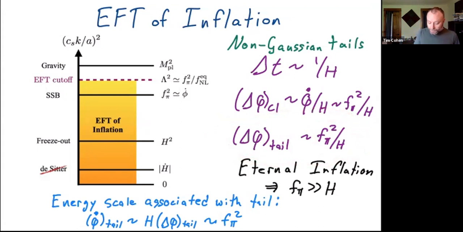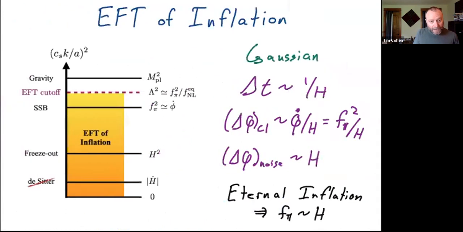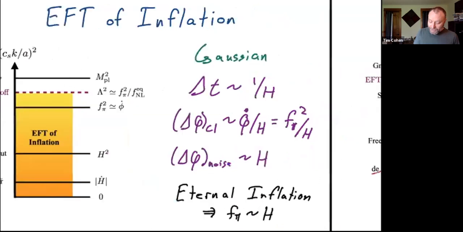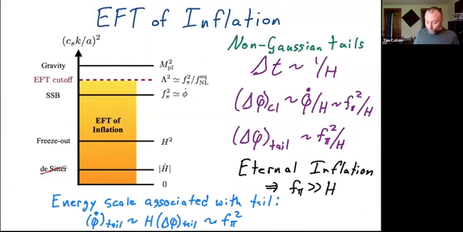This new effect tells us that we can now enter the eternal inflating regime even when f pi is much bigger than Hubble. Okay, so let me just go back. In the absence of interactions, we only got eternal inflation in this region of parameter space. But now the claim is going to be that we can get potentially eternal inflation due to some large fluctuation of the tail. Okay, so by the end of the talk, I hope to convince you of how we do this calculation and show you some of the results.